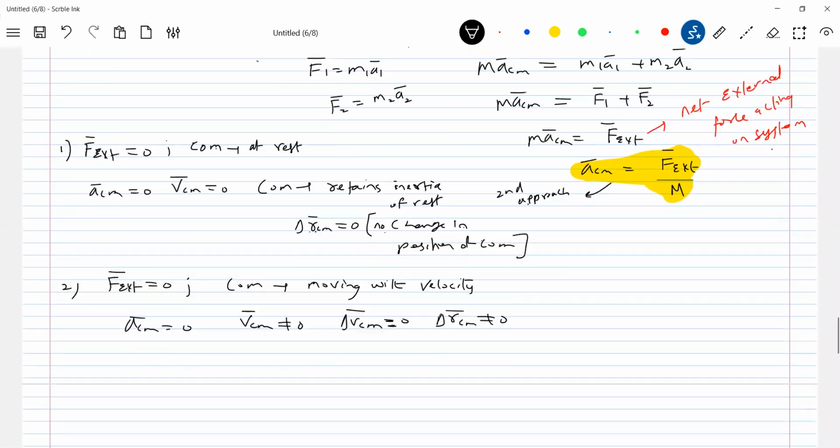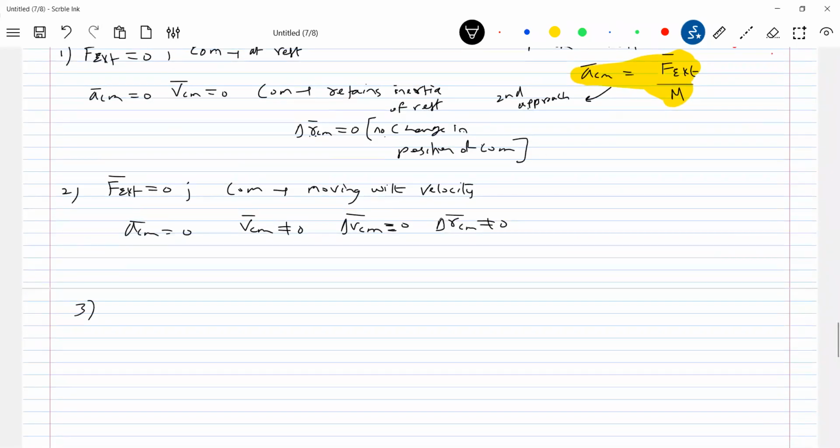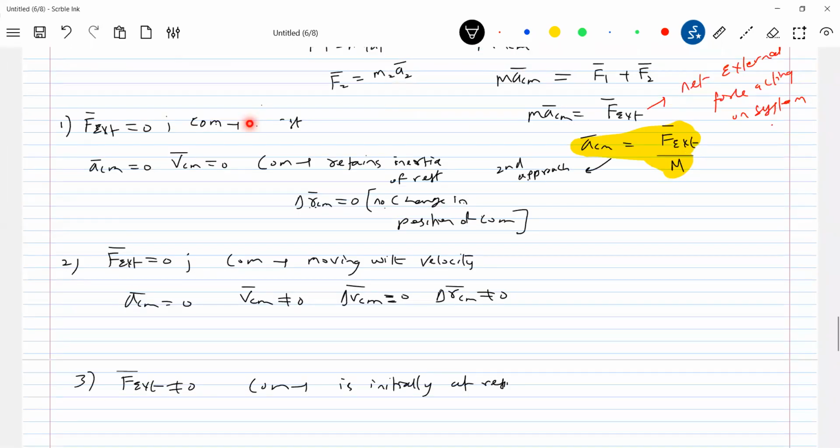The third one, if net external force is non-zero. Center of mass initially at rest, or initially moving with velocity.